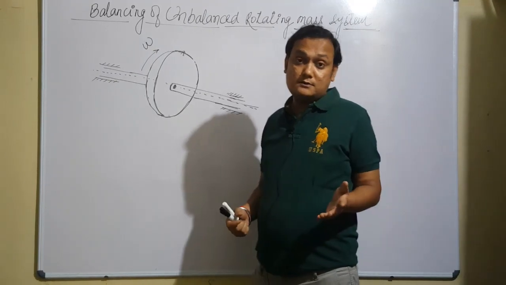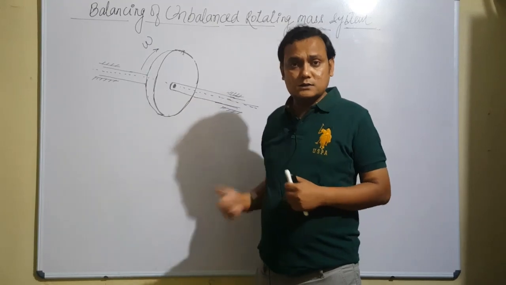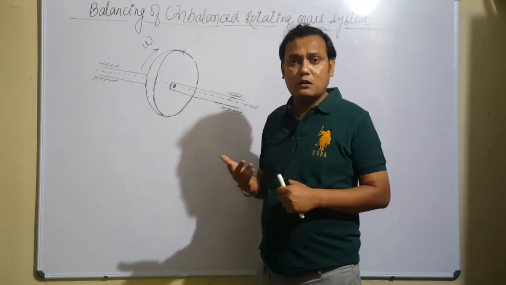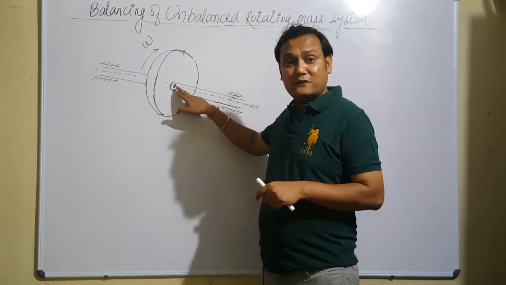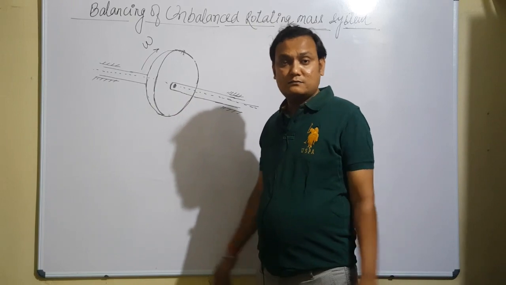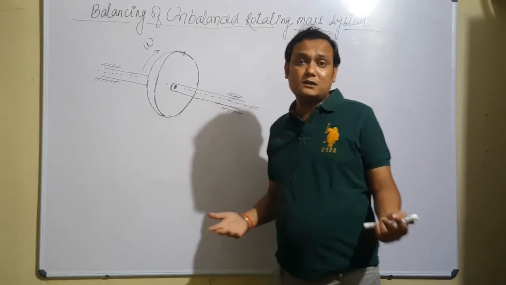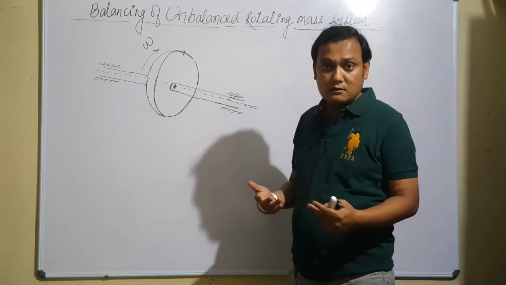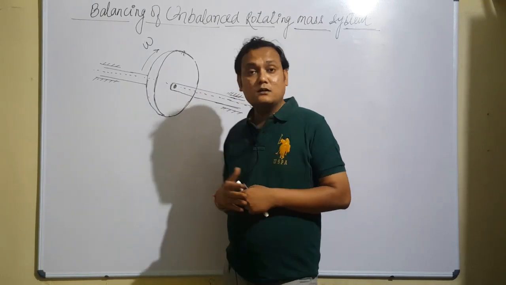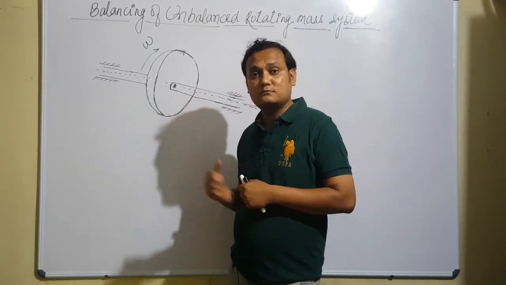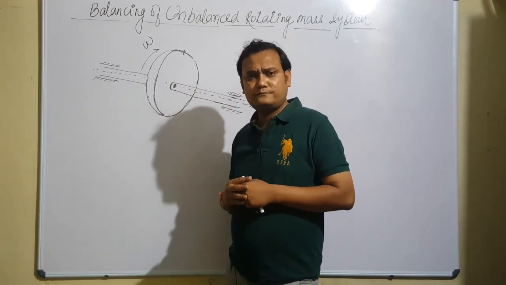And there are possible reasons. बहुत दिनों तक when a mechanical system works, there will be erosion and all, and because of that, there are chances the center of mass or center of gravity of the body changes, or during the time of installation of a mechanical system, there may be an error from the installation side that changes the center of mass of the body or the system out of the axis of rotation. Any reason, कुछ भी हो सकता है.